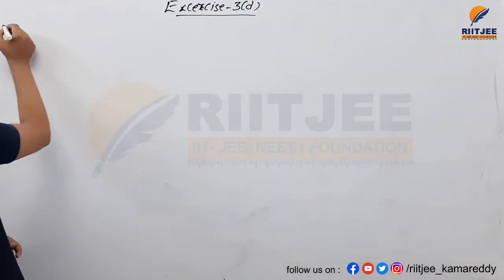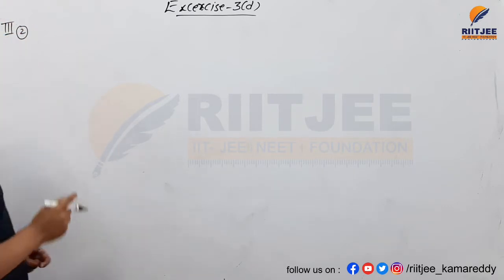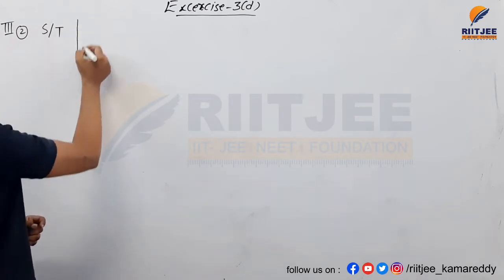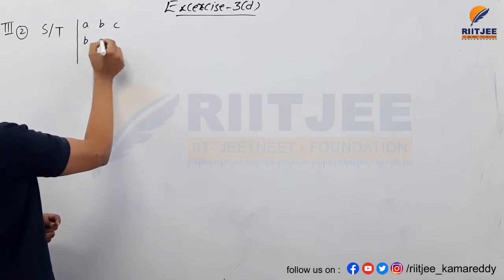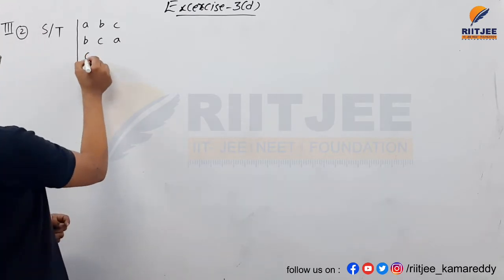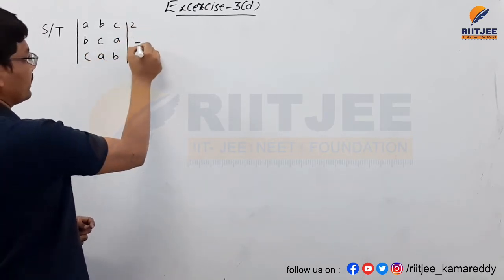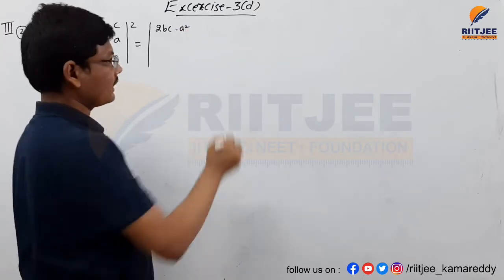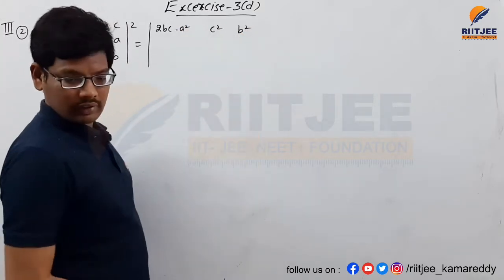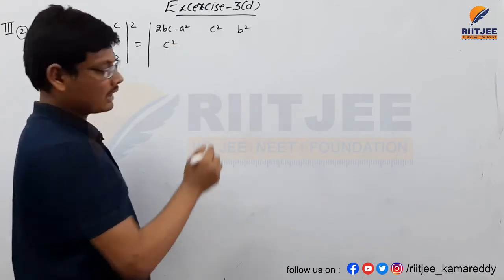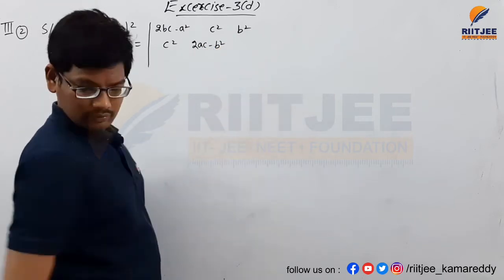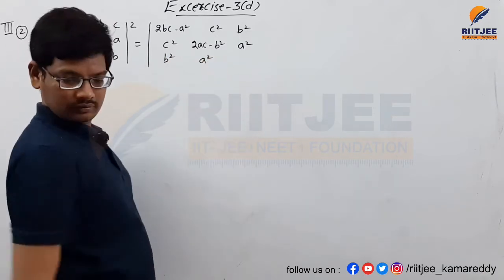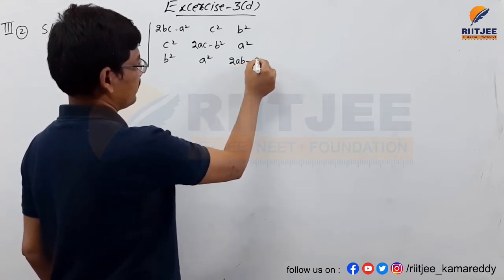The next question, in the third bit, second question, is: show that the modulus of the determinant with rows A B C, B C A, C A B, whole square, is equal to the modulus of the determinant with rows 2BC minus A square, C square, B square; C square, 2CA minus B square, A square; B square, A square, 2AB minus C square.